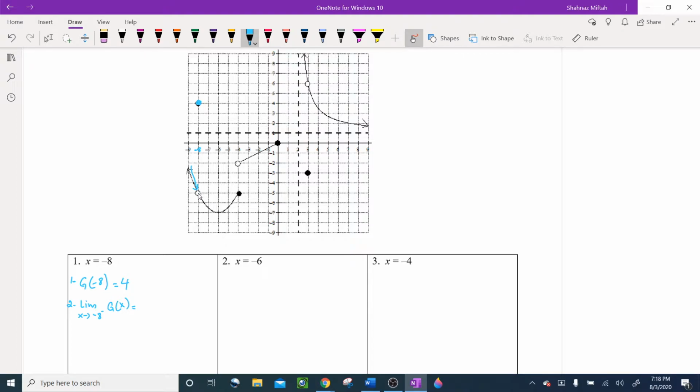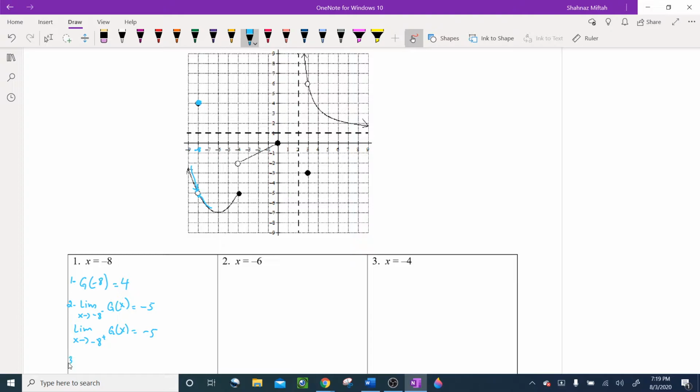The y value is not there, but I can go arbitrarily close, and that would be negative 5. Then limit as x approaches negative 8 from the right side of g of x equals... So this is the right side of negative 8. I'm going to pick this and go arbitrarily close right there, and it's negative 5 again. So in this case, the limit does exist actually.